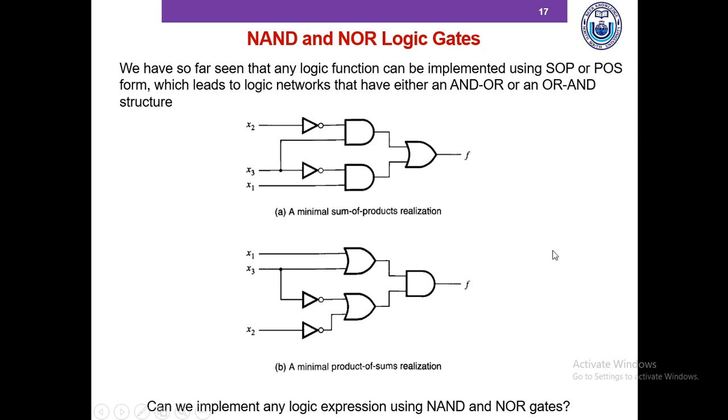So now we ask, can we implement any logic expression using NAND or NOR gates instead of AND or OR gates? Because as we just discussed, NAND and NOR gates are easier to implement than AND or OR gates.